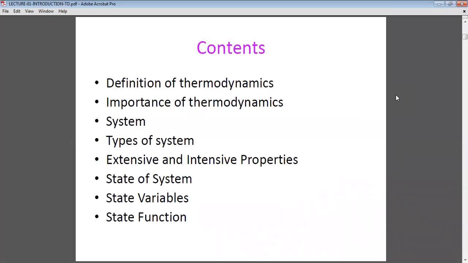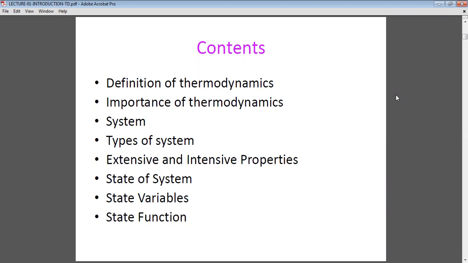So the contents to be covered in this topic are: first, the definition of thermodynamics and the importance of thermodynamics; definitions of systems and the different types of systems; extensive and intensive properties of a system.